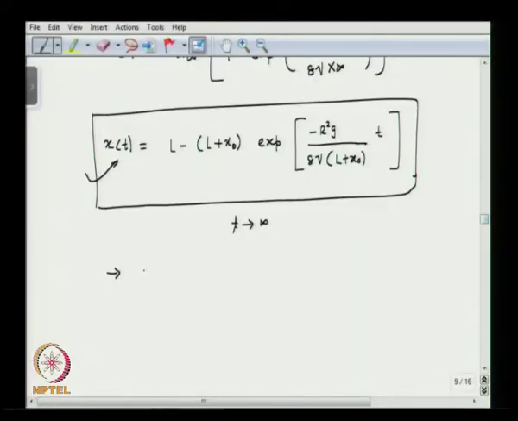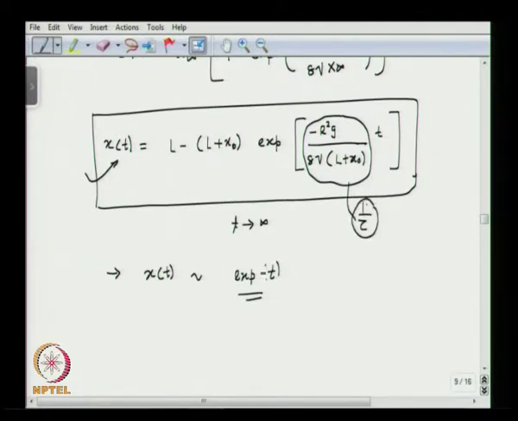Okay. So, the x of t varies exponentially. So, we can define a time constant for the filling process which will be given by this expression. So, this is a time constant. So, it is actually inverse of it, 1 over tau.